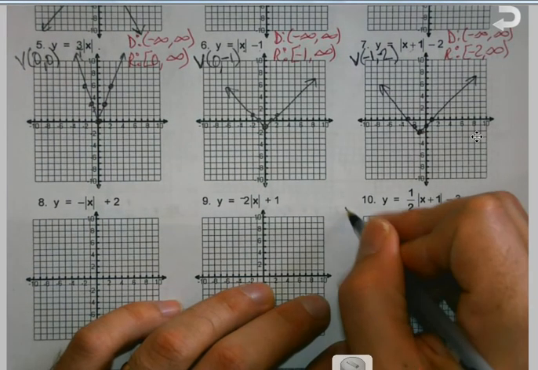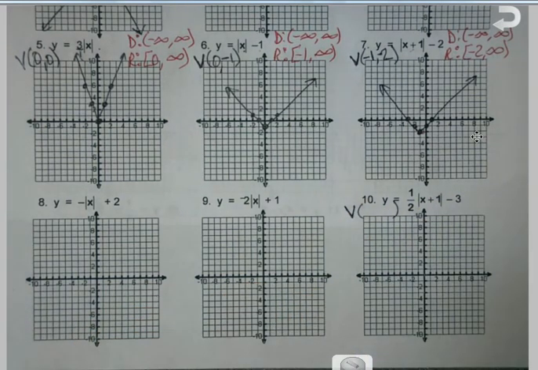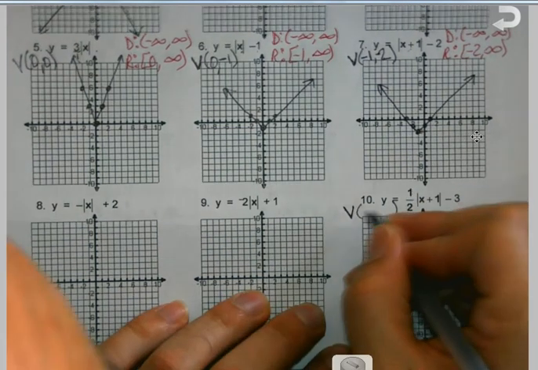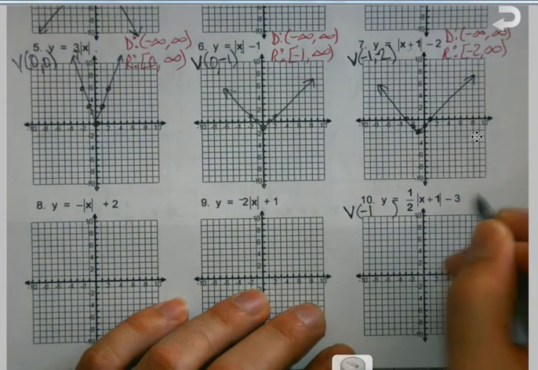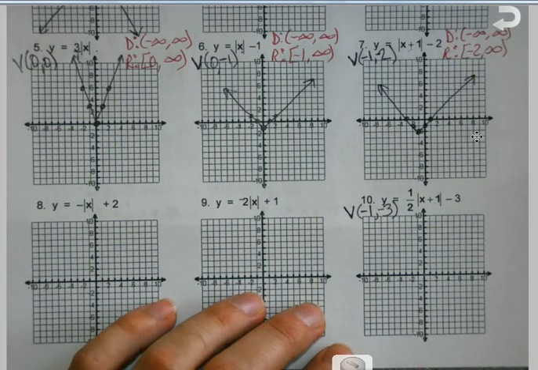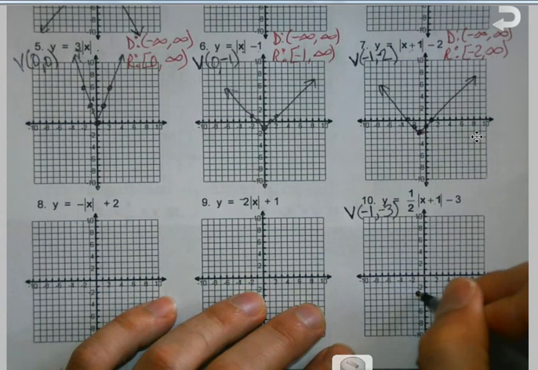So let's see here. Vertex for number 10. They're locked in. So switch it on the inside, keep it on the out. So -1, -3. Dot that up.